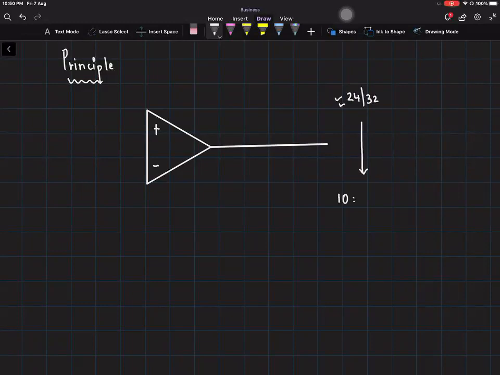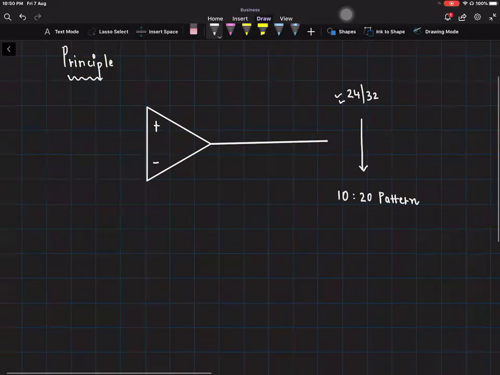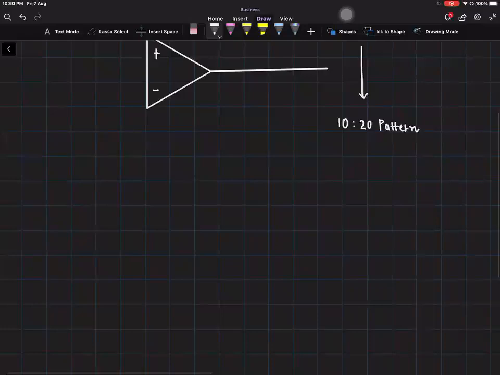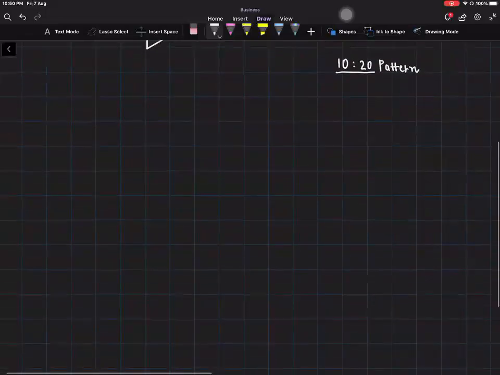The 10-20 pattern? Has anyone heard about this 10-20 pattern? This name is given because of the distance between each electrode. Percentage-wise, it is either 10% or 20%.